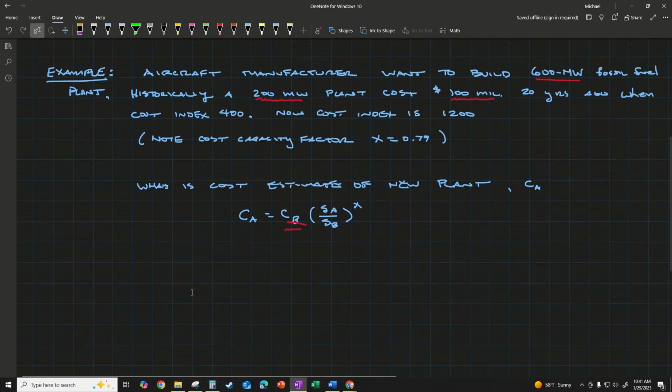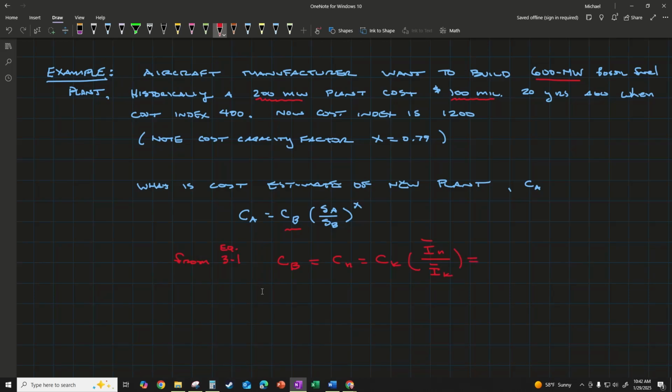So the first thing we need to do is figure out CB. Well, from equation 3.1 earlier in the chapter, we found that Cn, which we're going to call CB here, equals some Ck times I, an index factor, over the K index factor.